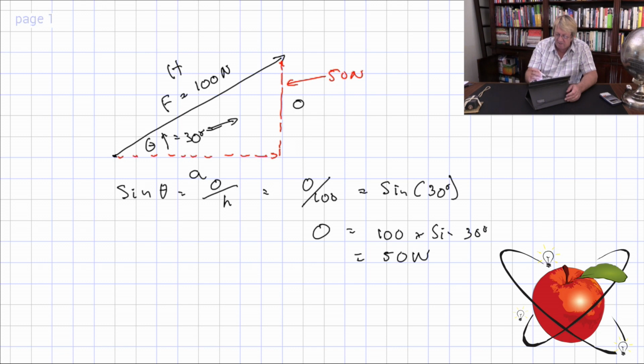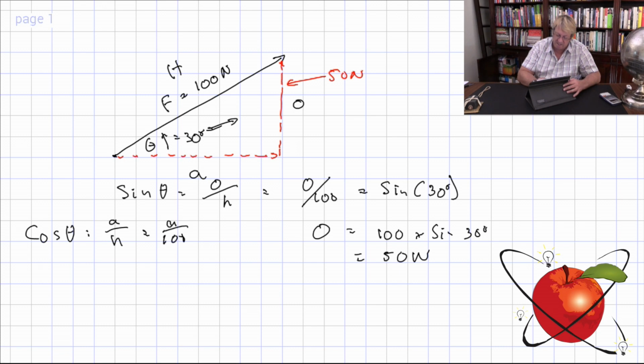What if we do it with the cos? Same thing. We say cos of theta is equal to adjacent over hypotenuse, which is going to be A over 100, equal to cos of 30 degrees.